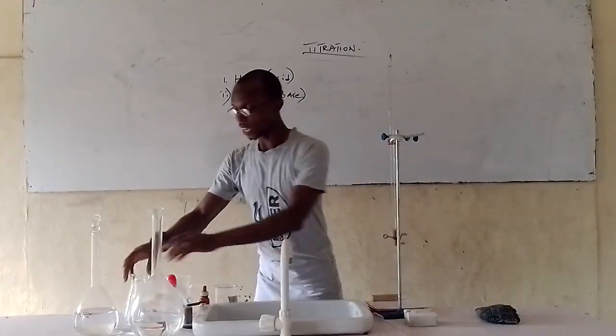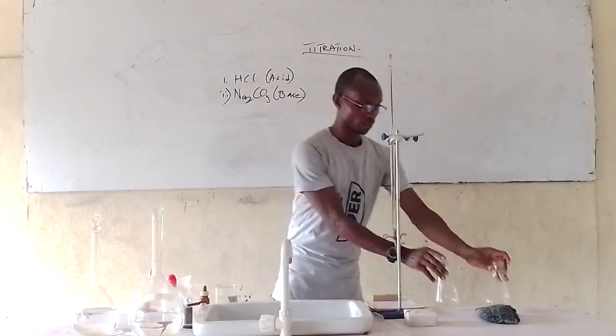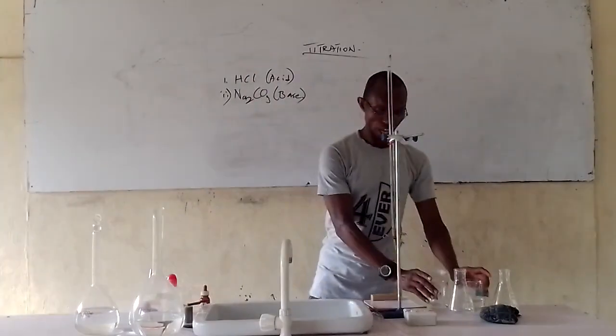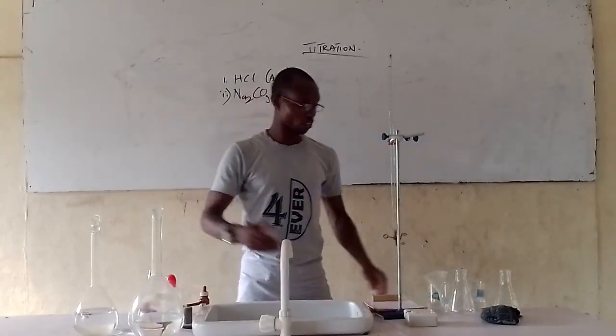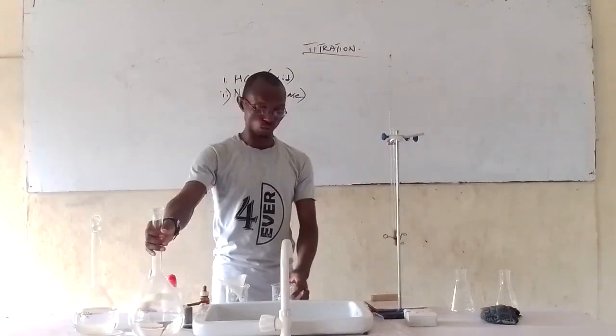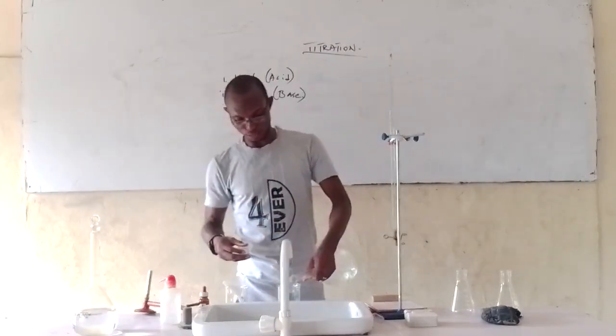So I have here my conical flasks, they are clean. I also have here my beakers. I'll be adding the contents of this reagent bottle, or the volumetric flask, into these beakers. So this is my B, I am adding this to it.